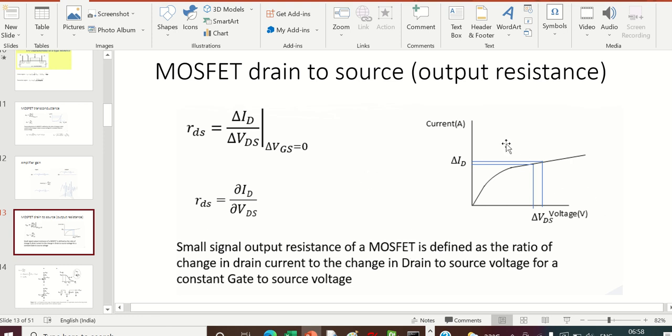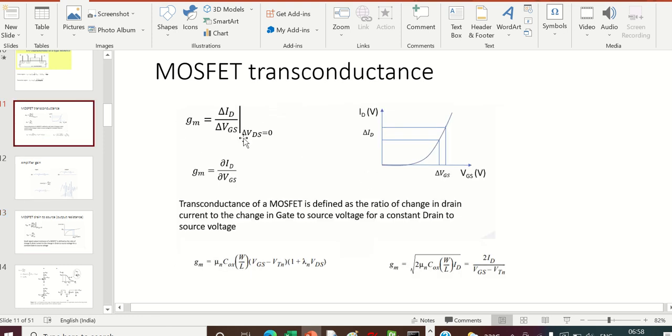So what you should know is about gm. What is gm? When I apply a voltage to my MOSFET, it will get converted into current, and that current to voltage ratio is gm. And the three formulas for that, good that you can remember, memorize this nicely.